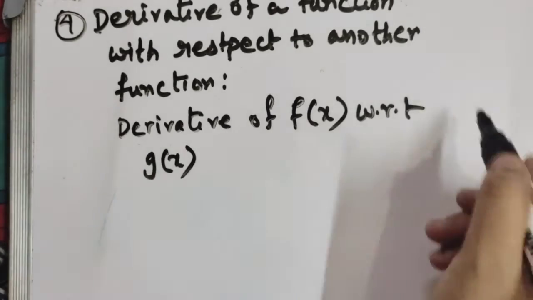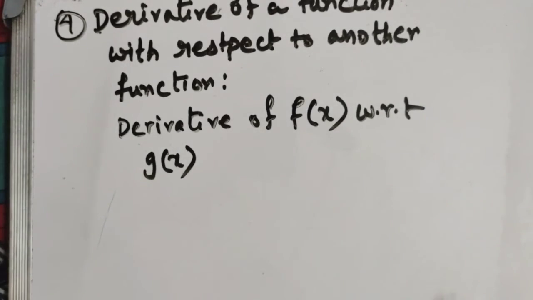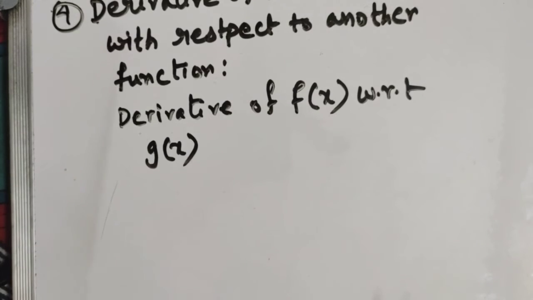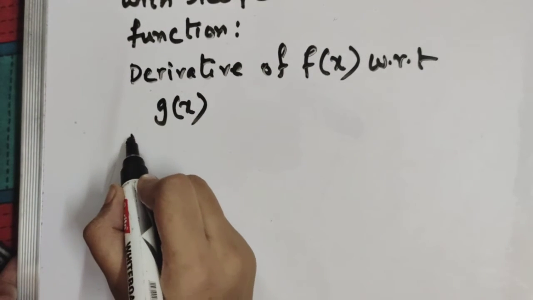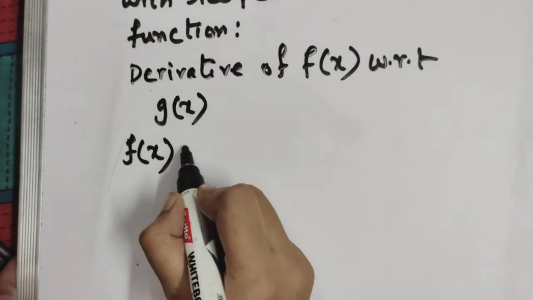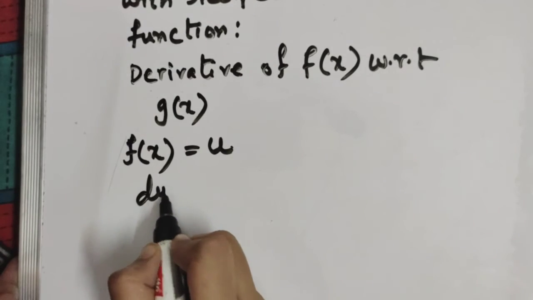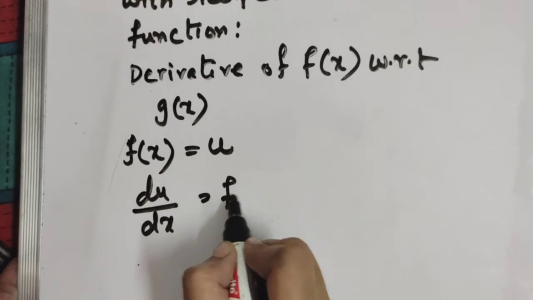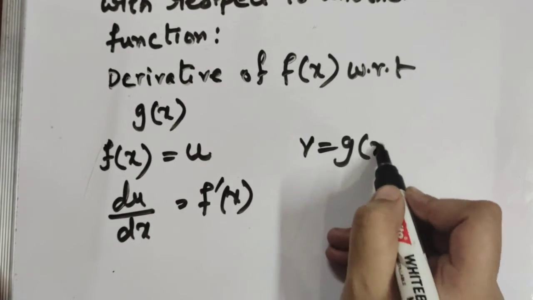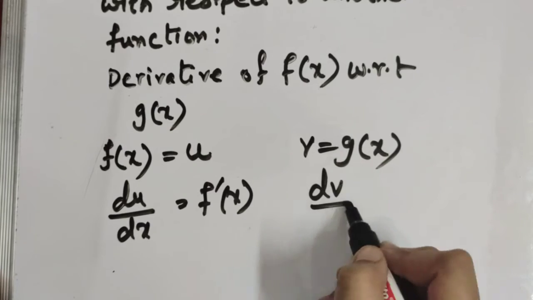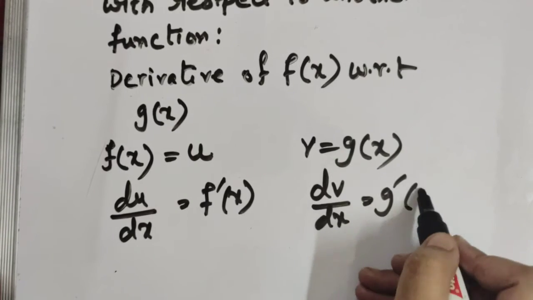How can we approach this kind of problem? First of all, let us assume f of x as u. Now du by dx, what can we get here? f dash x, right? And assume g of x as v. Now dv by dx equals to g dash x.